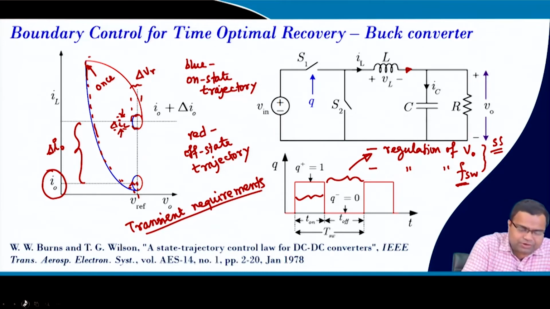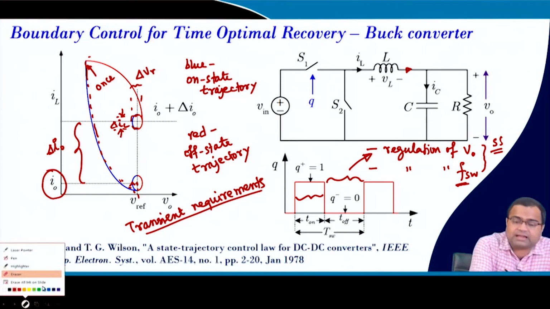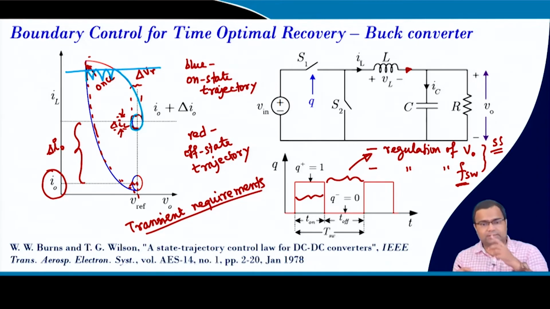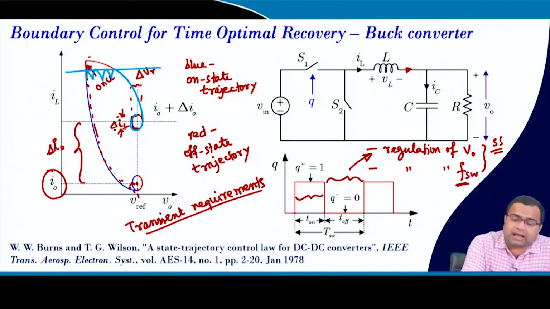That means suppose one of the problems is that you will have a current limit. Then you can turn on here and it will go through multiple switching actions, finally coming back to here. So that part we will discuss in a subsequent lecture under constraint on the current limit, because you can see there is a high current overshoot.